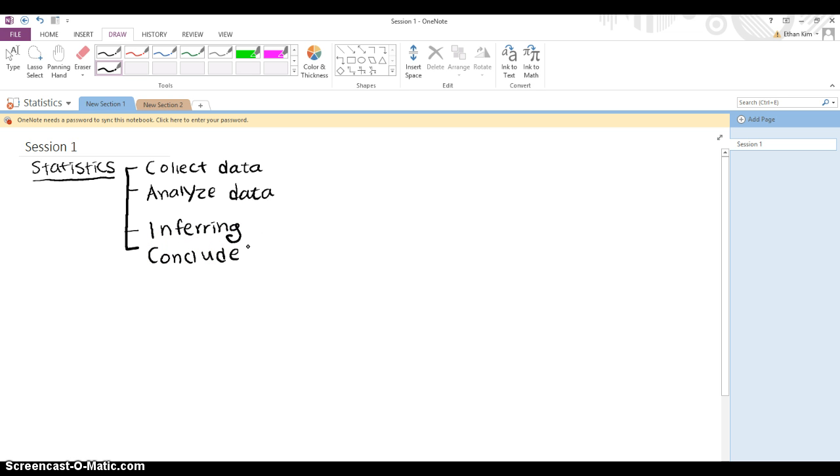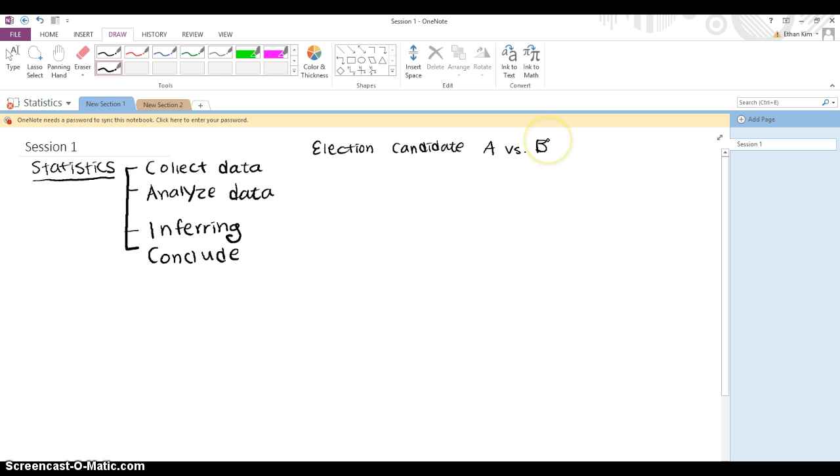Alright, so it's all up in the air because we don't have any specific example right now. But why don't we just take an example? Let's say we have an election going on, right? Say there is an election and we have two candidates, candidate A and B. Alright, so that's our topic of interest.